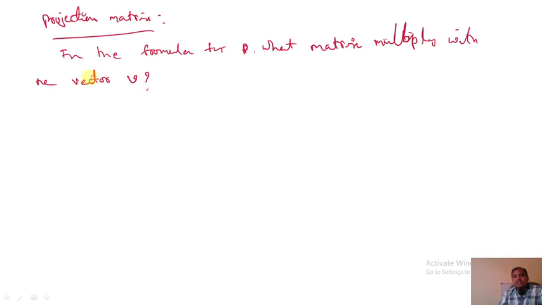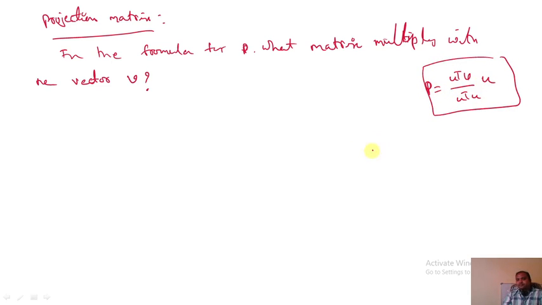Yeah, this is the main thing. What is the formula? Small p equals u transpose v by u transpose u, into u. This is the formula. So now what multiplies the vector?